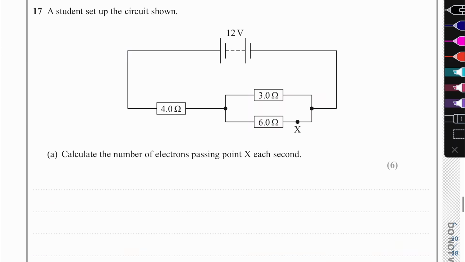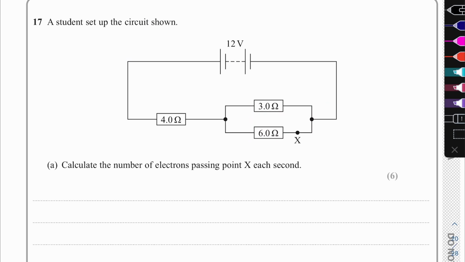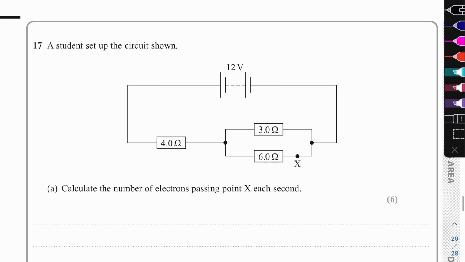So now we have question number 17. A student has set up the circuit shown. So we have 12 volts, 4 volts, 3 and 6. Calculate the number of electrons passing point X each second. So they're asking for what?